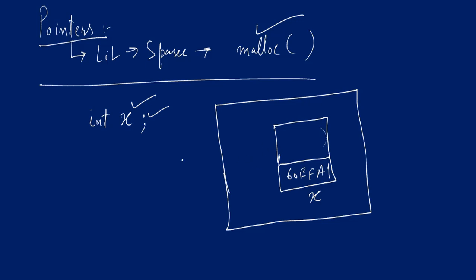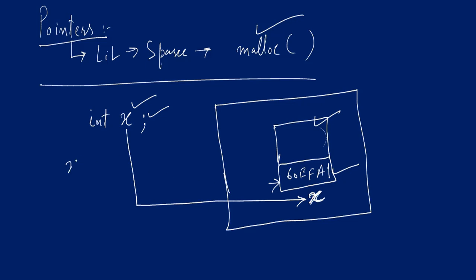So instead of using this memory address, C allows me to use this variable name x. It makes it easier for me to access this memory location with the help of this variable name.